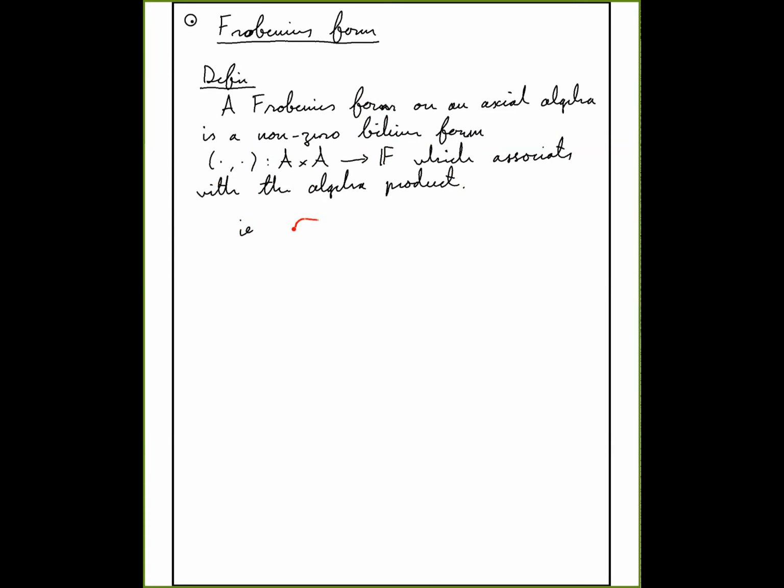So what does that mean? If I take A and pair it in the form with B and C, then that's the same as if I move that B across the comma: A times B, comma C.